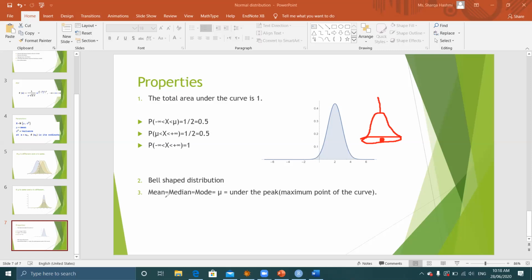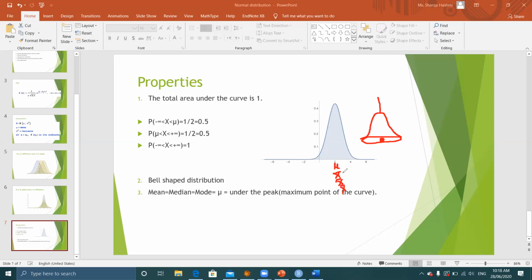Its mean, median, mode, all are equal. Since we have done that mu exists in the center, so this is mu, and therefore we can see mean is here, x bar is your mean, so we can say mean is in the center. Median is denoted by x tilde sign, so we can write here median is here, and also mode is here, which is represented by x hat.